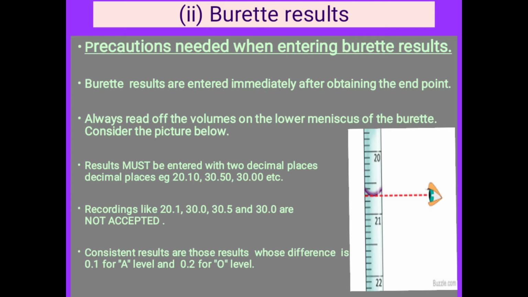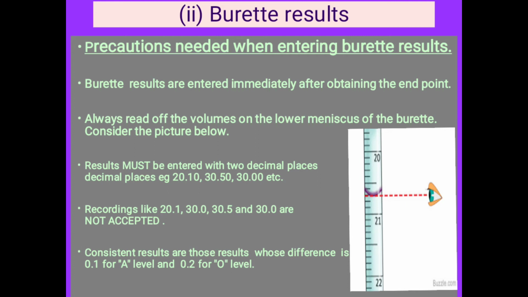But when you look at these ones, like 20.1, 30.0, 30.5, 30.0, they have only 1 decimal place. So such results are not accepted. If we are to record our results, they should have 2 decimal places.